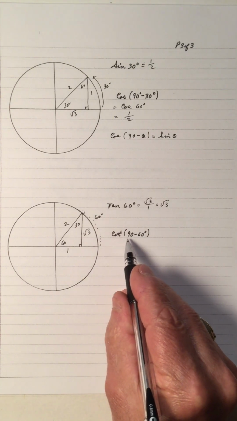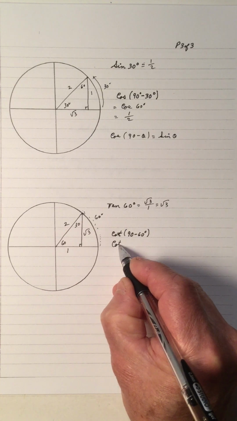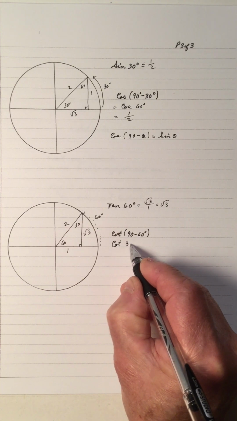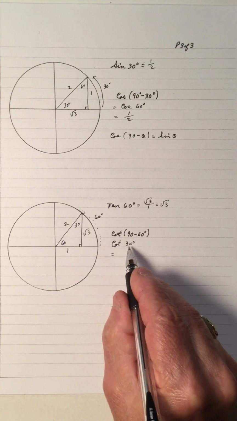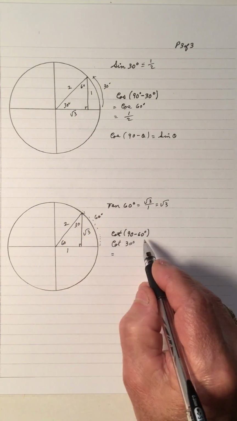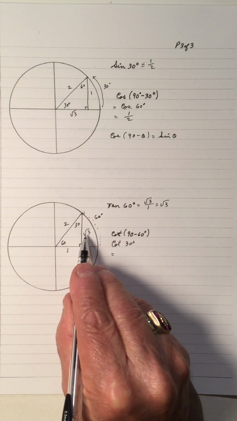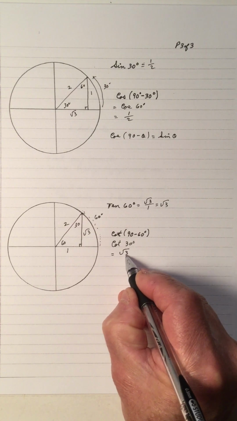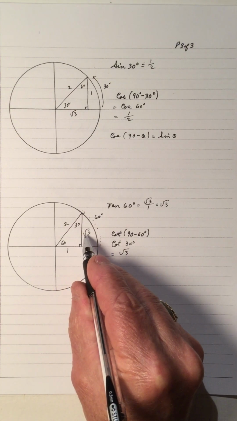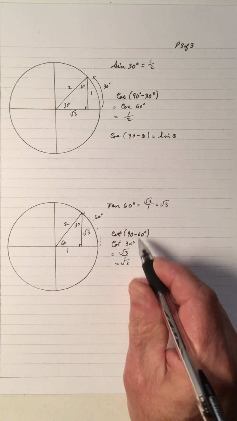Now the cot of 90 minus 60 is the same as the cot of 30. Cot is adjacent over opposite. In relation to 30, adjacent is root 3 and opposite is 1. So that's root 3. Notice they're equal.